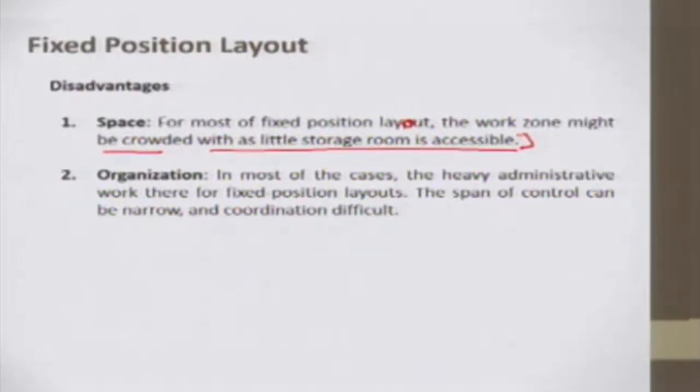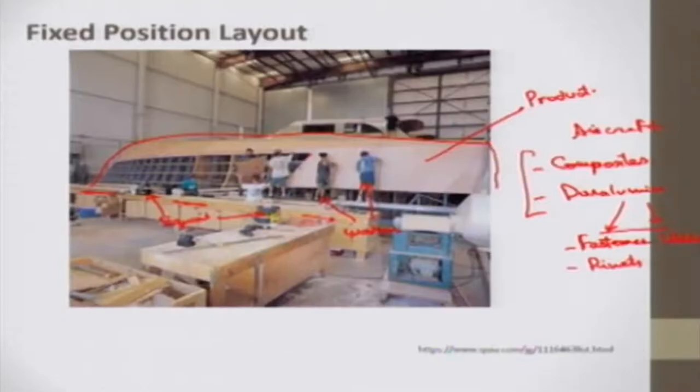Then organization. In most of the cases, there is heavy administrative work for fixed position layout. Administrative work is planning what would be the layout of tools and equipment. For example, these benches are kept here.